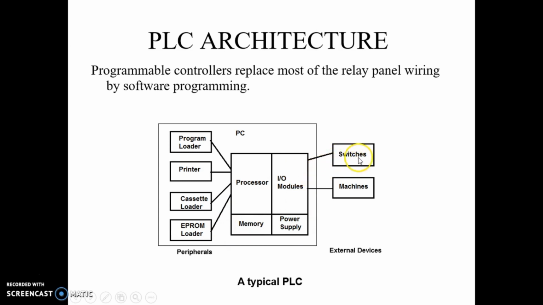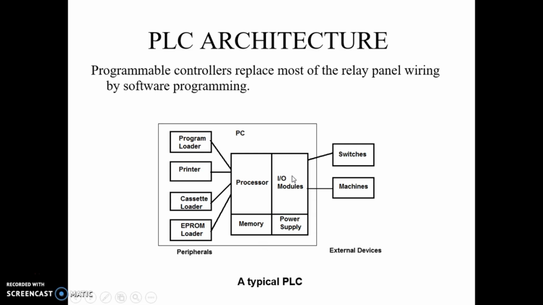Now switches are connected as an input to the PLC through input module. So inputs are taken from the field and are interfaced to PLC through input module. It may be digital input or analog input.